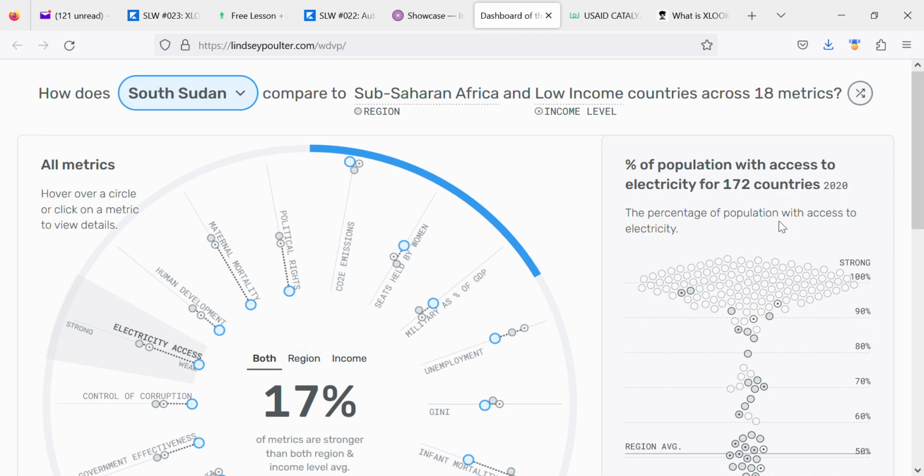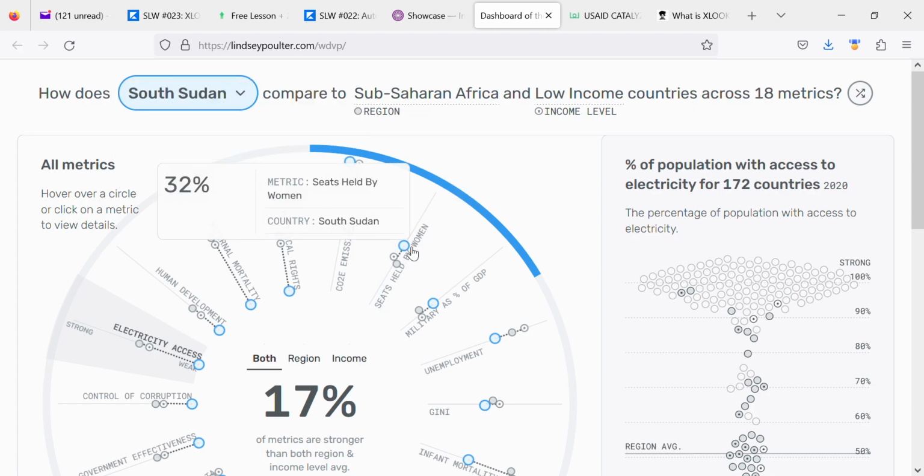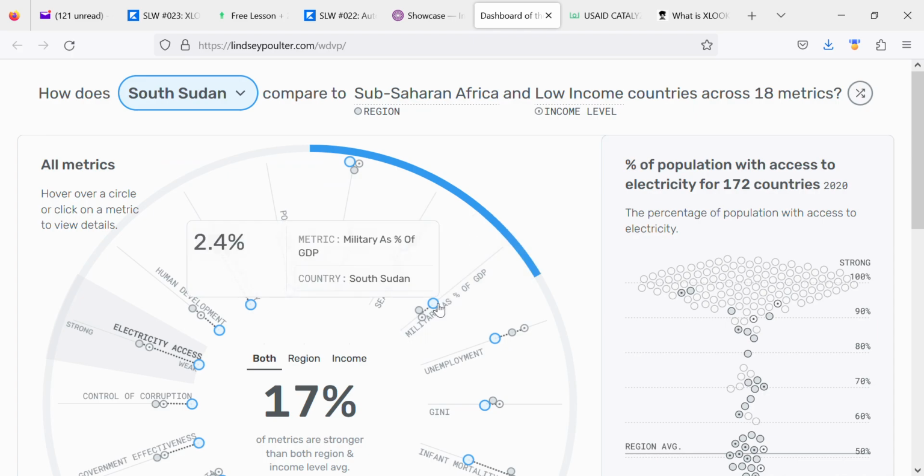So South Sudan is rated as 17% of metrics are stronger than both region and income levels. So South Sudan is strong in the area of carbon dioxide emission, which is 0.1, and seats held by women in the parliament is 32%, and military spending is 2.4. Those are the strong areas.